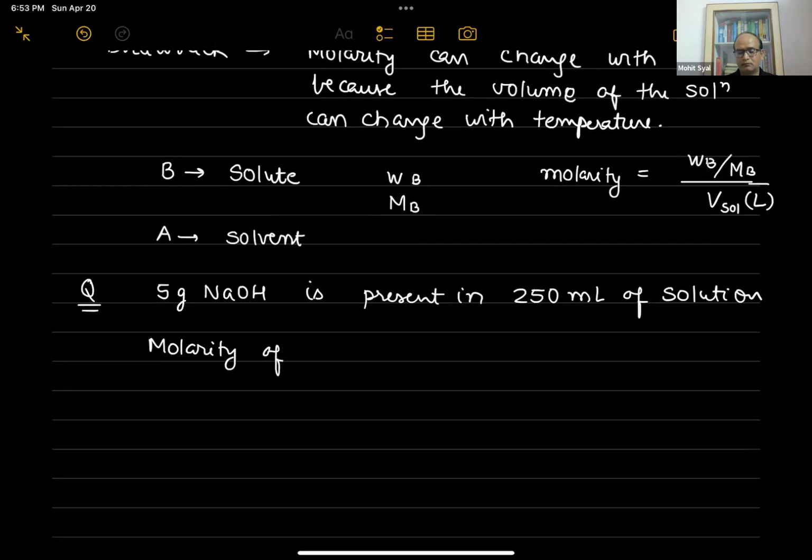It should be written as 5 grams upon 250. 250 should be multiplied with 1000 so that it can be converted into liters.